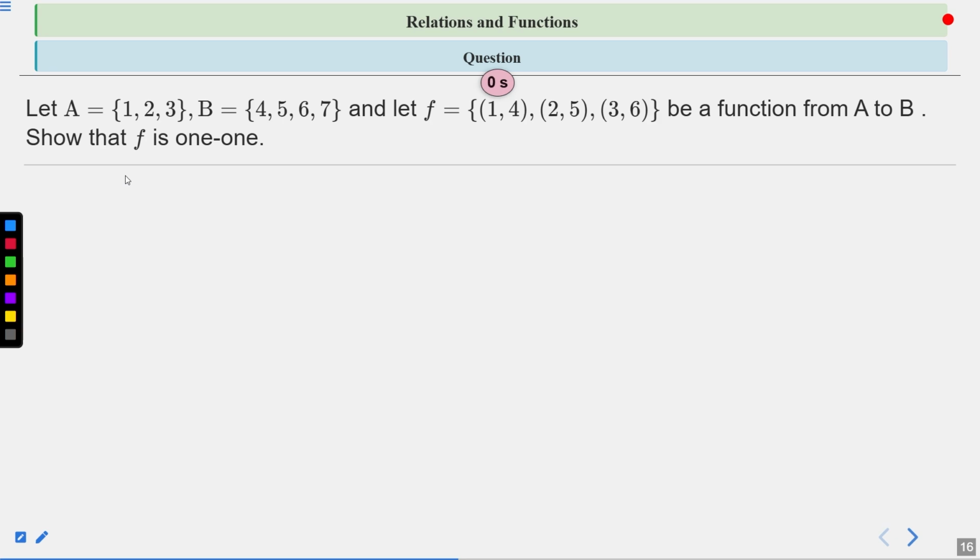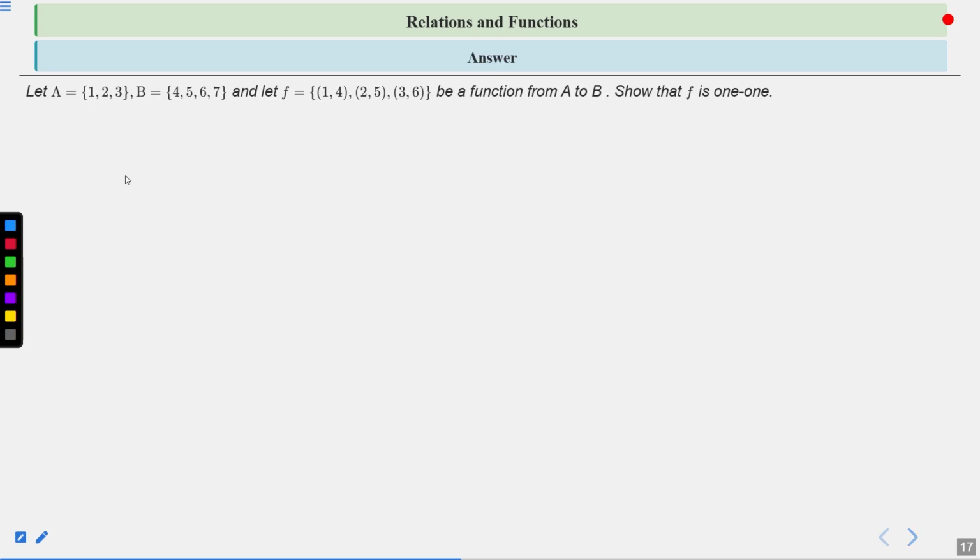The time is up. So in the question, we have to show that the given function from A to B is 1-1. Solution. It is already given to us that set A, the domain set, has elements 1, 2, 3 and B, the codomain set, has elements 4, 5, 6, 7.